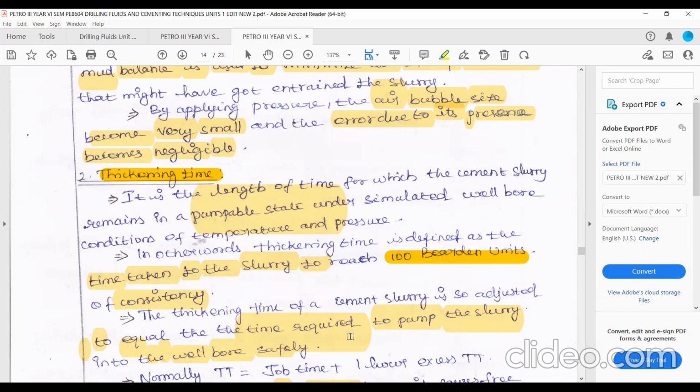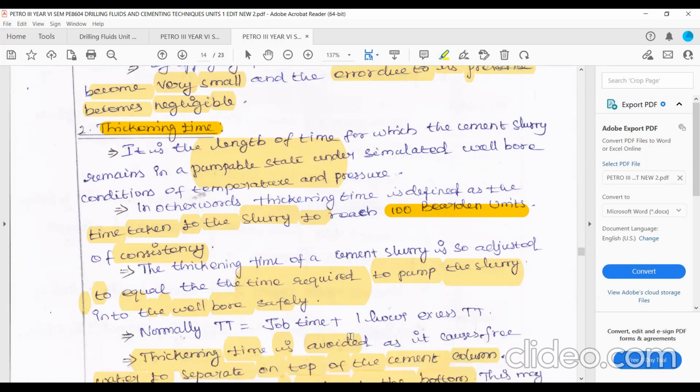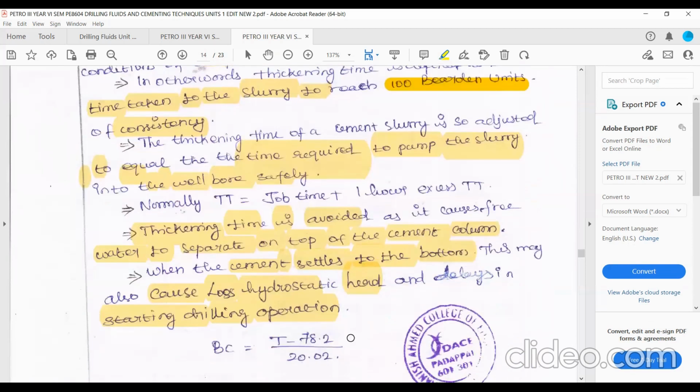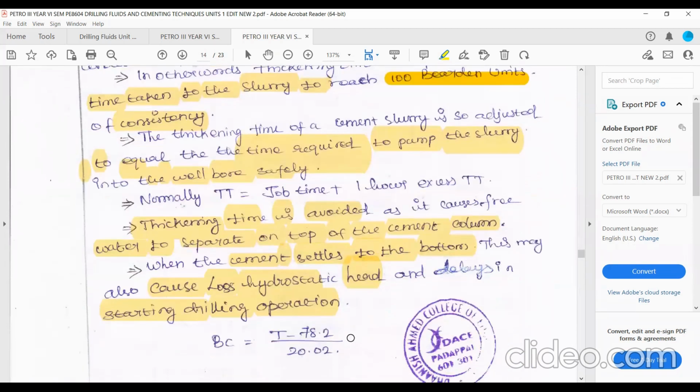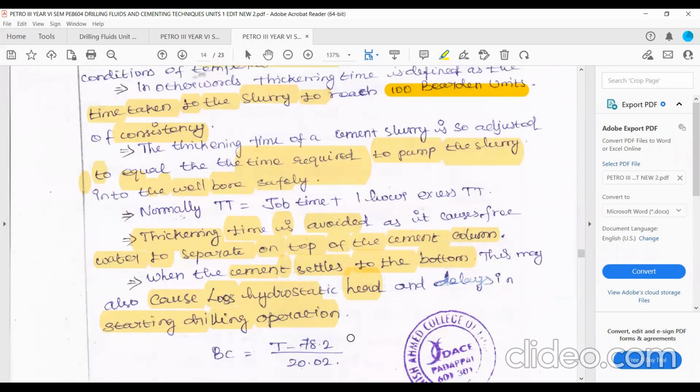Thickening time is the length of time the cement slurry remains in a liquid, pumpable state at specific conditions of temperature. It is referred to with 100 Bearden units of consistency, and the formula for that is given at the bottom. Bearden consistency is equal to (T minus 78.2) divided by 202.